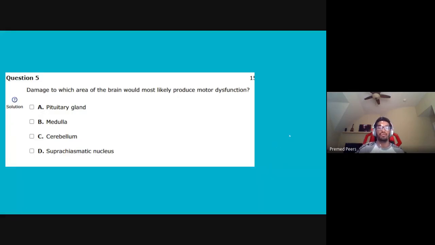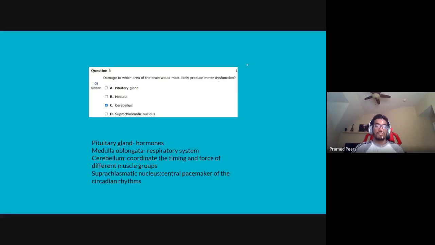Damage to which area of the brain would most likely produce motor dysfunction? Anyone want to take a shot at this one? All right. So in this case, it's mostly a case of remembering the functions of the different sections of the brain.